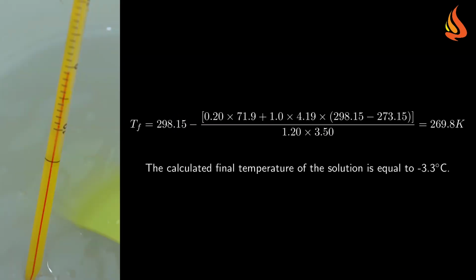The final experimental temperature was about minus 1 degree Celsius, while the calculated value was minus 3.3 degrees Celsius. Why the mismatch? Many possible reasons. One of them is the uncertainty of this home experiment, and another is the uncertainty of the values adopted for the physical properties in the calculations. But experiments and calculations agree in that the final temperature is below 0 degrees Celsius.